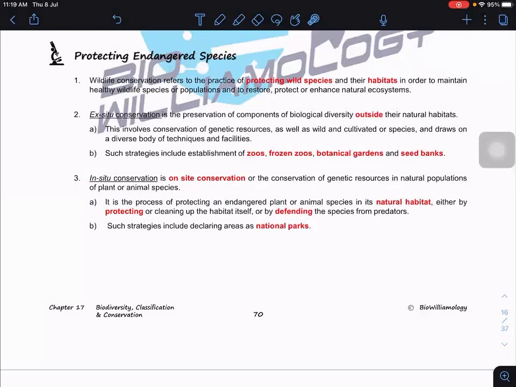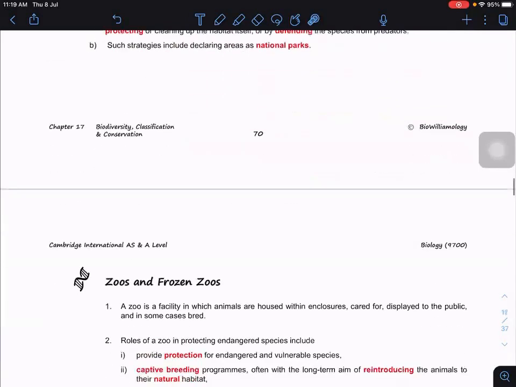This strategy includes declaring certain areas as national parks. We have marine national parks as well as terrestrial national parks. So we have ex situ and also in situ conservation.